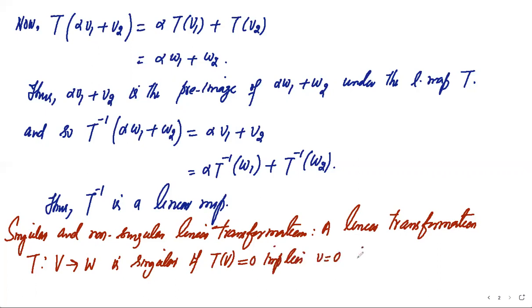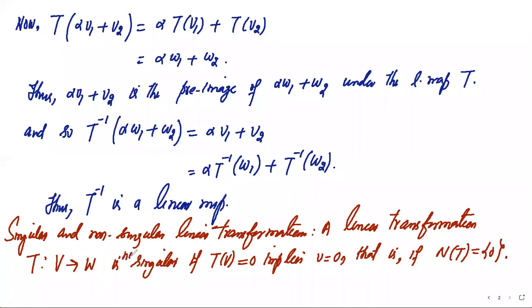That is, if the nullity of T is just the 0 vector. So if the nullity of T is only 0, then we call such a linear transformation non-singular, not singular. It's called non-singular. Okay?